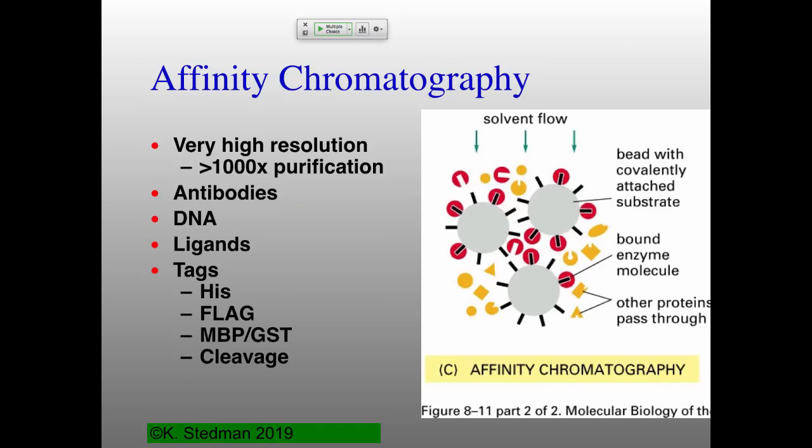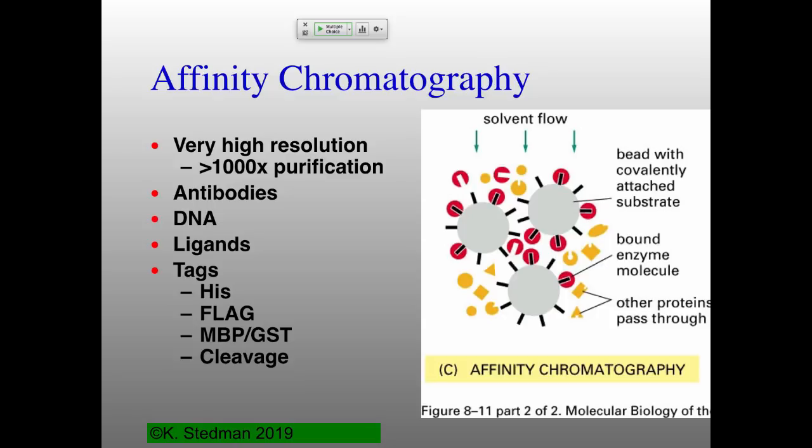On the other hand, affinity chromatography is really the right way to go if you possibly can. This gives you very high resolution, 1,000-fold, sometimes even more than 1,000-fold purification. That means that if you have 0.1% of all the proteins in your mixture being the one that you're looking for, with this one step, you can make that 100% pure.